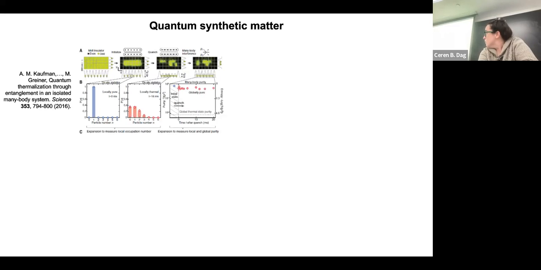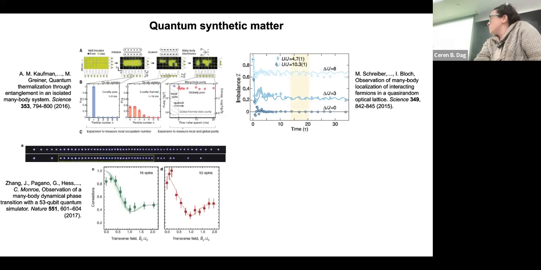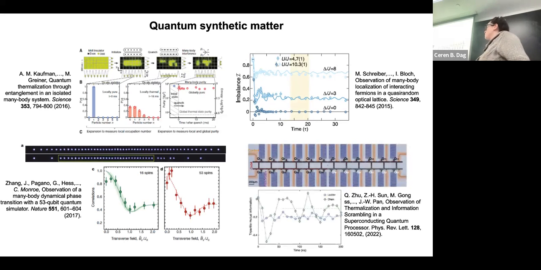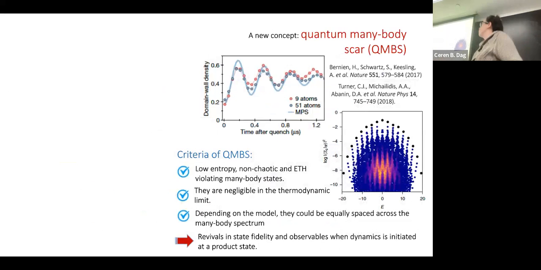Also pre-thermal many-body localization, again in optical lattices, dynamical quantum phase transitions in ion traps, and spread of spatial temporal correlations in superconducting quantum processors. Maybe one of the most widely known nowadays, very popular hardware is Rydberg atom arrays.